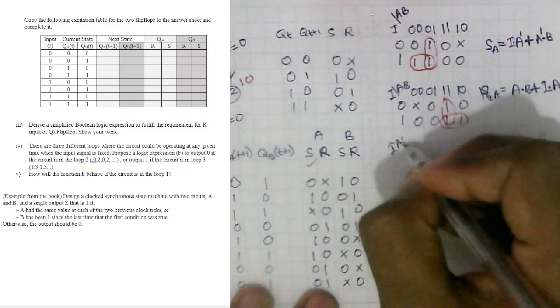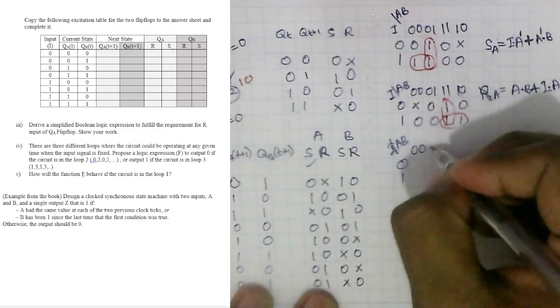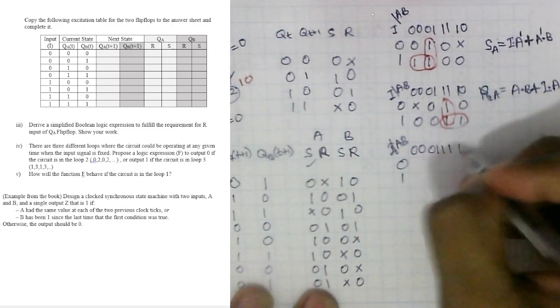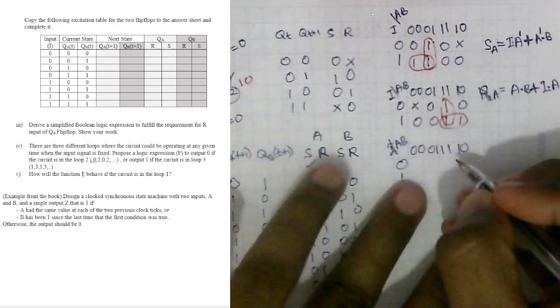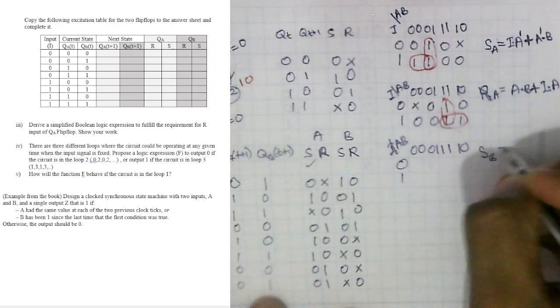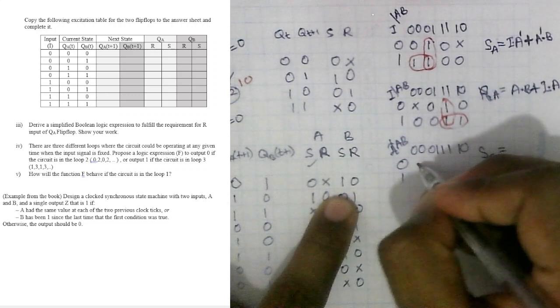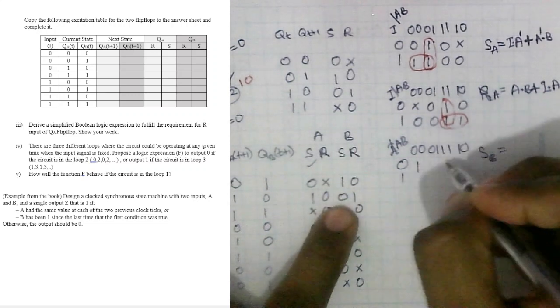I A B again, 0 1 0 0 0 1 1 1 1 0. Now I'm going to derive S of B. It's going to be 1, 0.